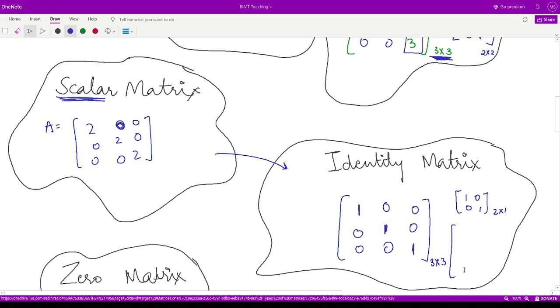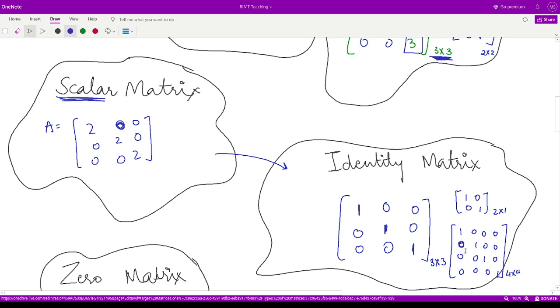And if I talk about a 4 cross 4 matrix, it should be 1, 0, 0, 0, then 0, 1, 0, 0, 0, 0, 1, 0, and 0, 0, 0, 1. So you see on the diagonal we have the element as 1.